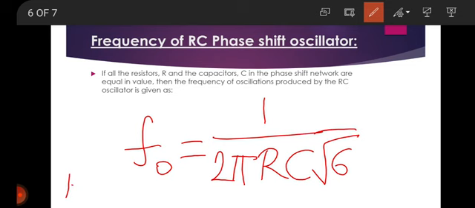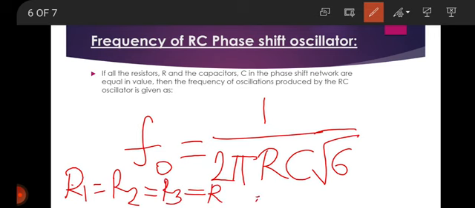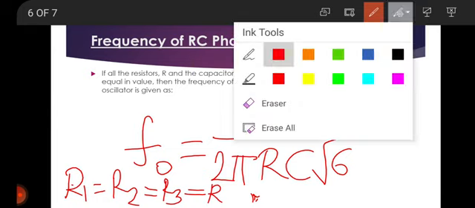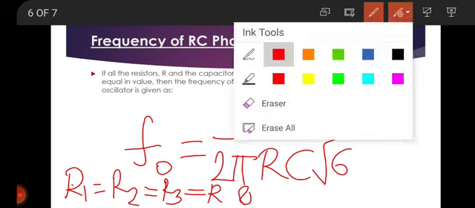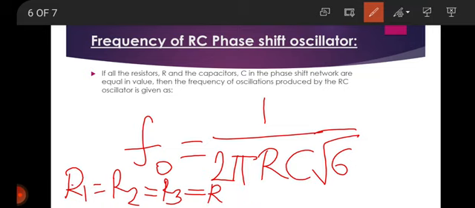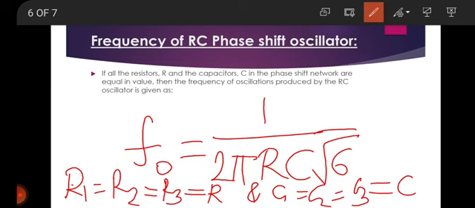And here R1 is equal to R2 is equal to R3, which is equal to R, and C1 is equal to C2 is equal to C3 is equal to C. So this is the formula for the frequency of the RC phase shift oscillator, which is used in solving examples on the phase shift oscillator.